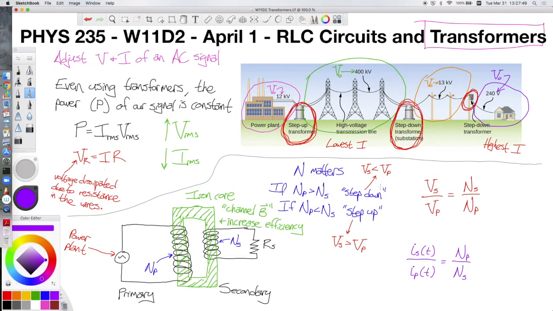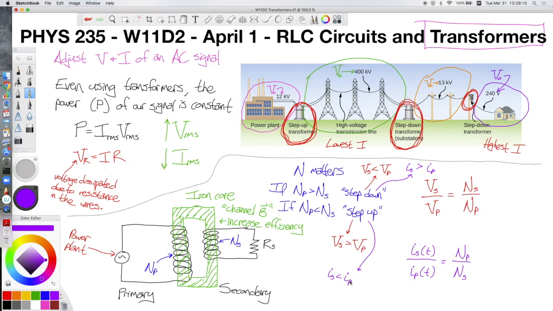So this means when you have a step-down transformer, like we mentioned before, the voltage may go down, but the current in the secondary circuit is going to be greater than the current in the primary circuit. And for a step-up transformer, this means that as our voltage rises in the secondary circuit, our current in the secondary circuit will then be less than our current in the primary circuit.